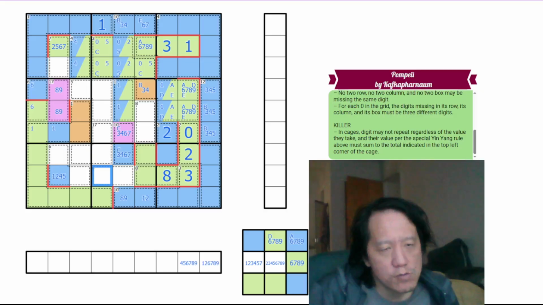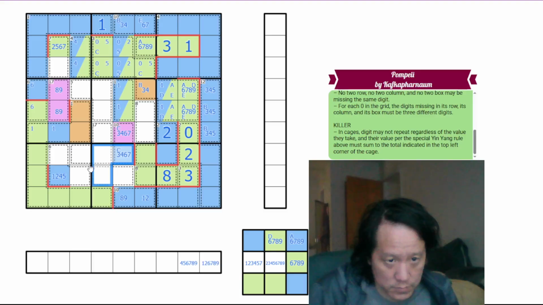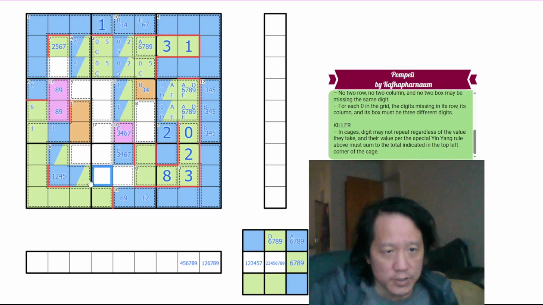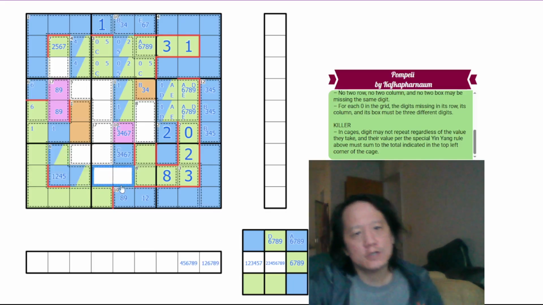So this cannot be three blues. It's two blues and a green. So one of these is blue, one of these is green. We're not sure which is which.